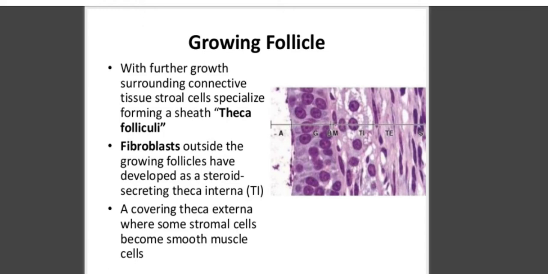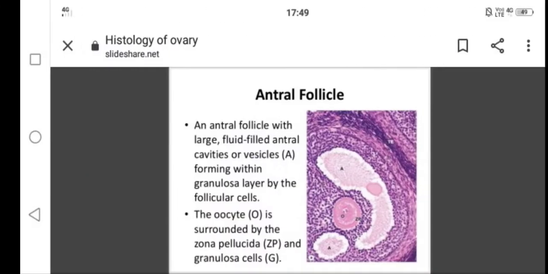Fibroblasts outside the growing follicle develop as a steroid-secreting theca interna, and a covering theca externa, where some stromal cells become smooth muscle cells.